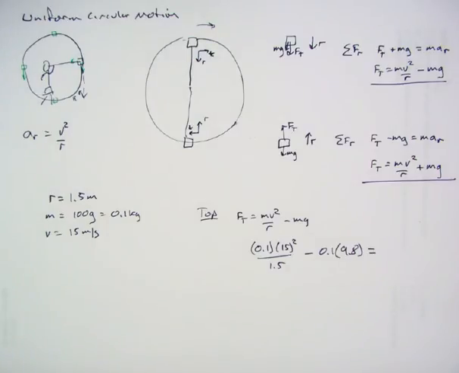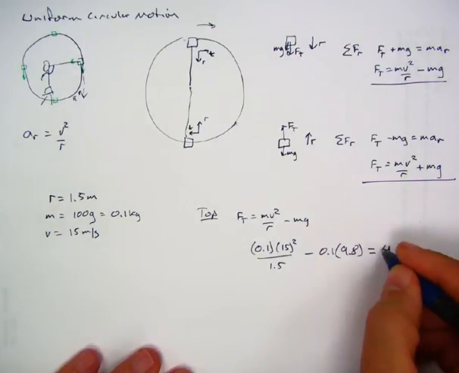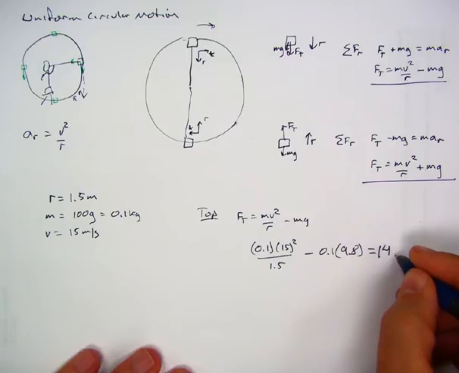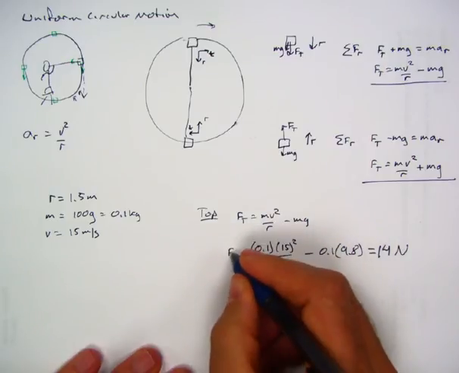That's just plug and chug: 0.1 times 15 squared divided by 1.5, plug that into my calculator, minus 0.1 times 9.8, and I'm going to get 14 newtons as my force of tension.